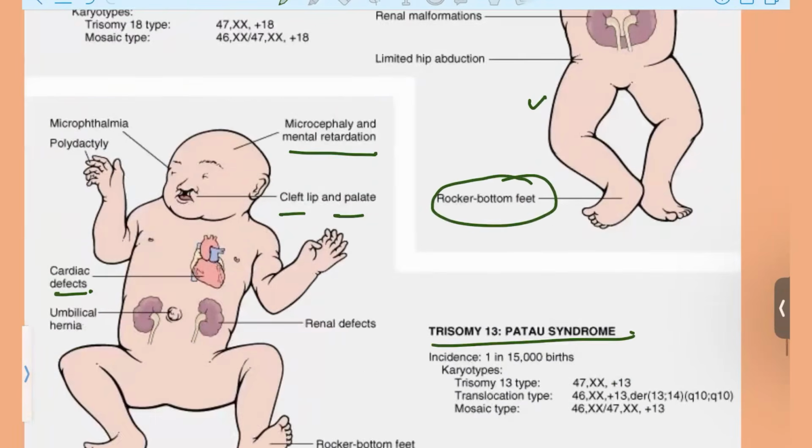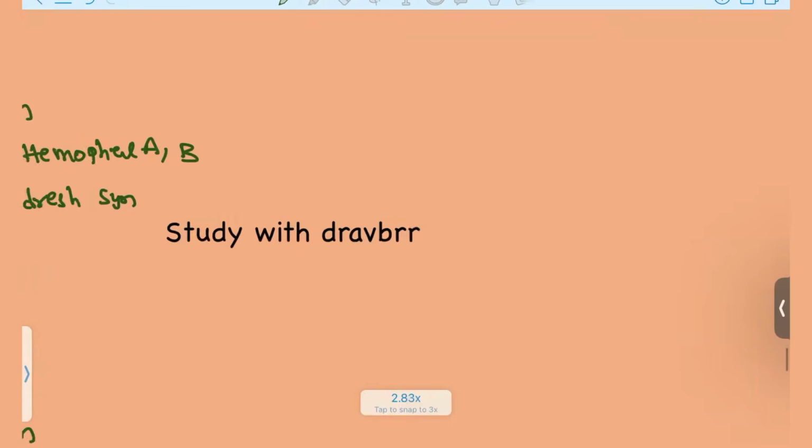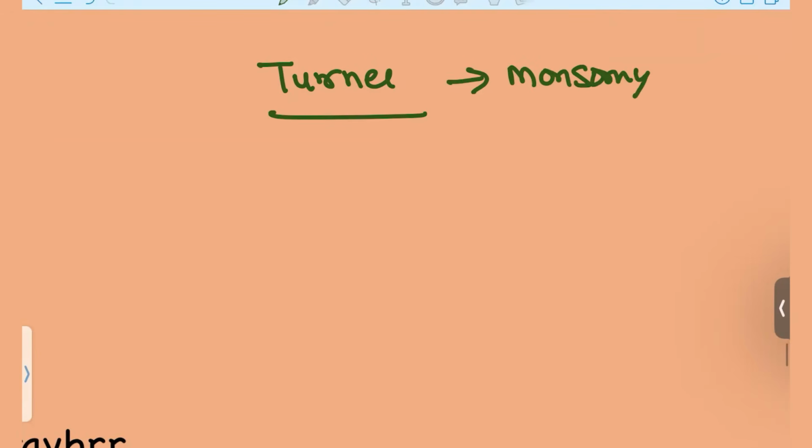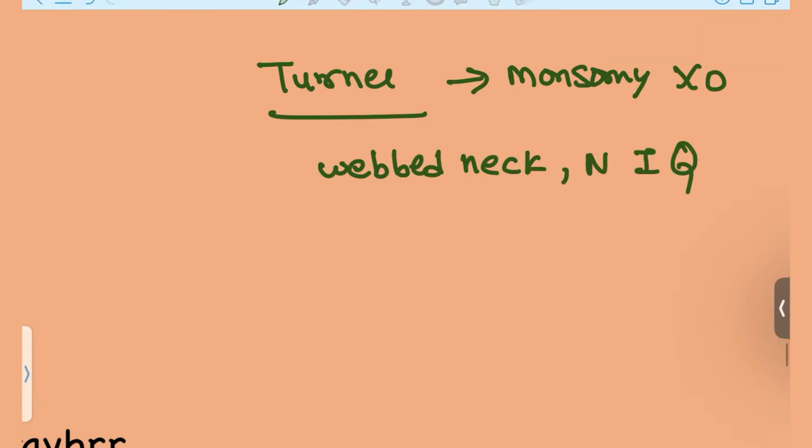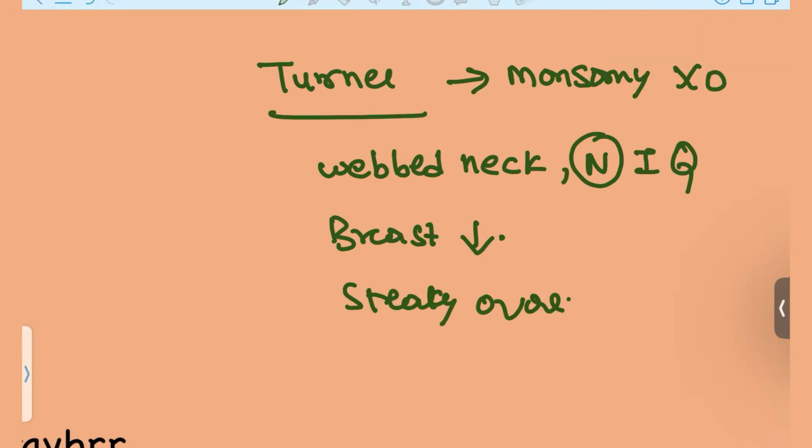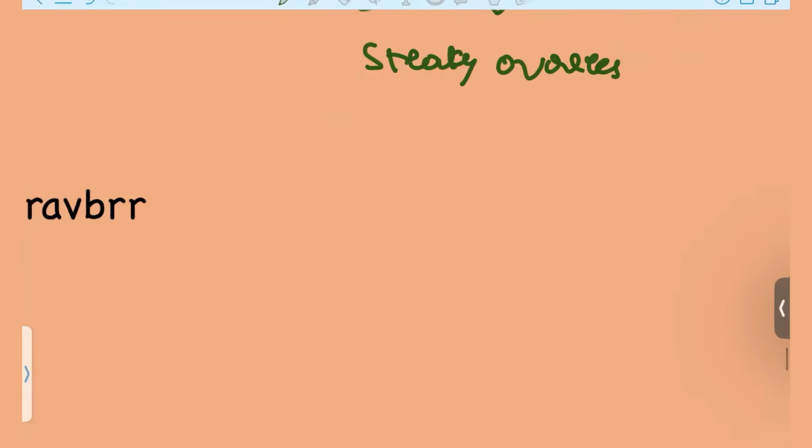Okay, next, another two important syndromes that you have to know before we close, that is Turner syndrome, right? Turner syndrome is due to monosomy X. They present with a webbed neck, but normal IQ, and there will also be decreased breast development, and streak ovaries are seen in Turner syndrome, with short stature.